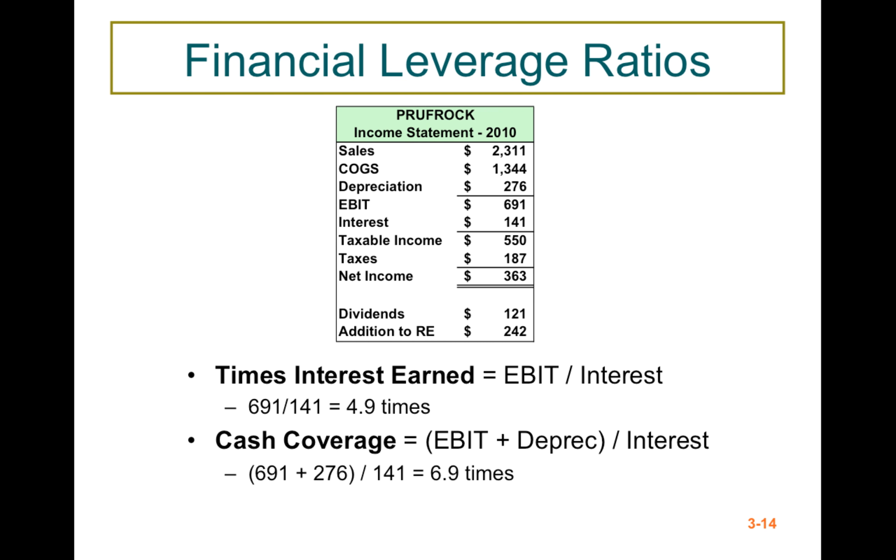There are more financial leverage ratios here, as you can see: times interest earned, which is your EBIT over your interest, and the cash coverage, which is your EBIT plus the depreciation over your interest. Times interest earned really measures how well a company covers its interest. Cash coverage factors the depreciation into that element.